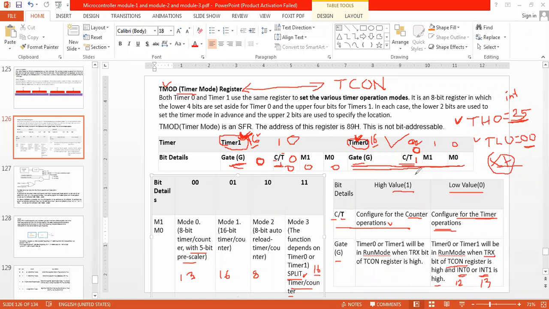Now, if I am using the timer as a counter, then it is using the external clock frequency. And whenever it is using an external clock frequency, turning on this register means it has to start from the beginning, no?